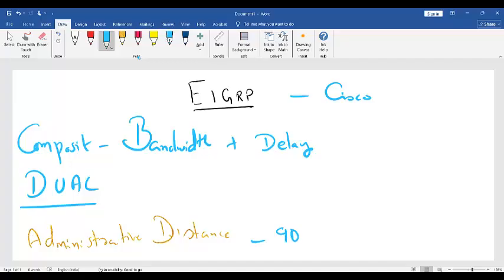But for RIP, you learned 120 in Cisco. It's not the same with Juniper. It's local to the vendor. The administrative distance 120 that you learned for RIP is not the same for other vendors.